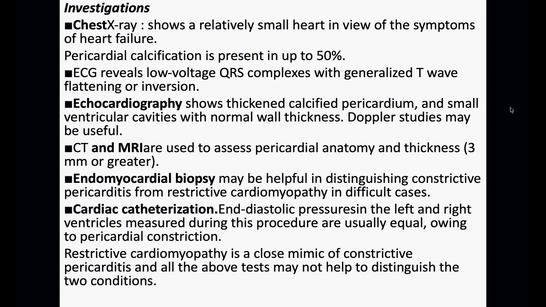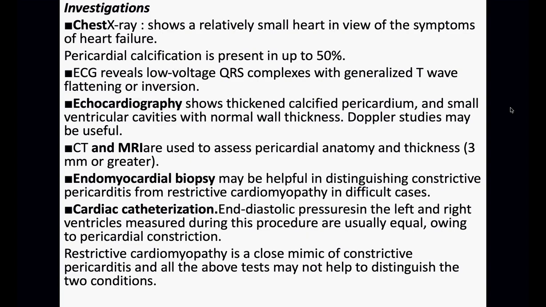Echocardiography shows thickened calcified pericardium. CT and MRI are used to assess pericardial anatomy and thickness. Endomyocardial biopsy may be helpful in distinguishing constrictive pericarditis from restrictive cardiomyopathy, and even cardiac catheterization may be indicated.